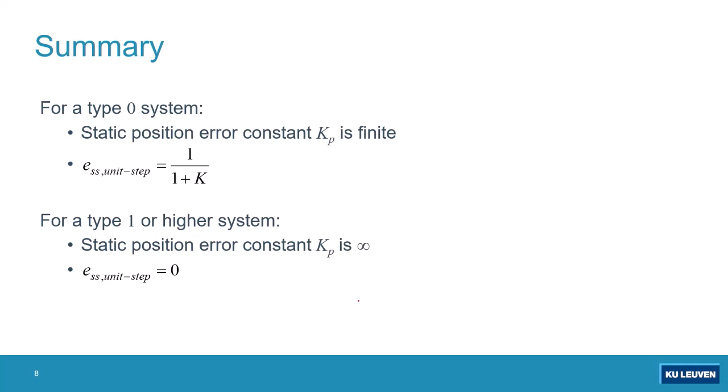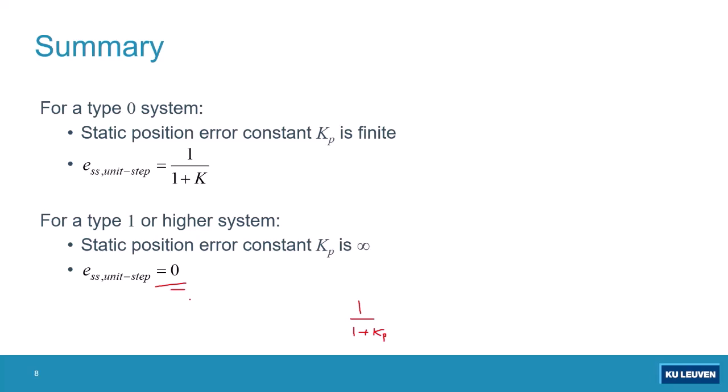If we apply the formula to calculate the steady state error for a given unit step input, which is equal to 1 over 1 plus Kp, this is the steady state error of a unity feedback system with a unit step input, you can easily find that the steady state error for a unit step input will be equal to 0.